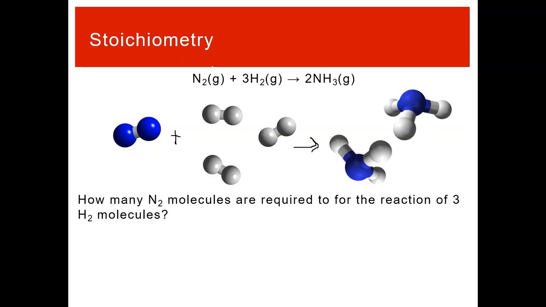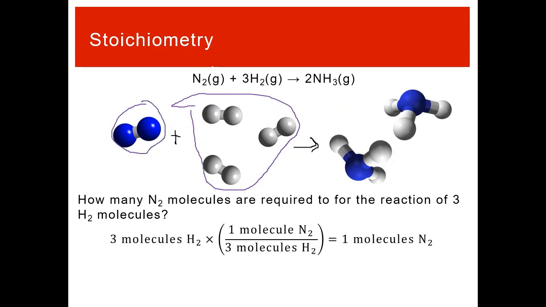Okay, so how many N2 molecules are required for the reaction of 3 H2 molecules? Well, if we just visually inspect this, we can count, this is 3 H2s, and that's going to react with the 1 N2. So we would expect 1.